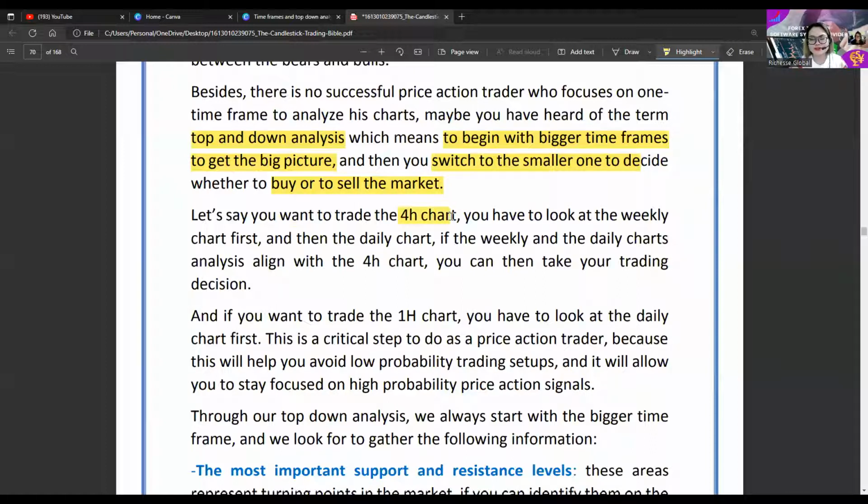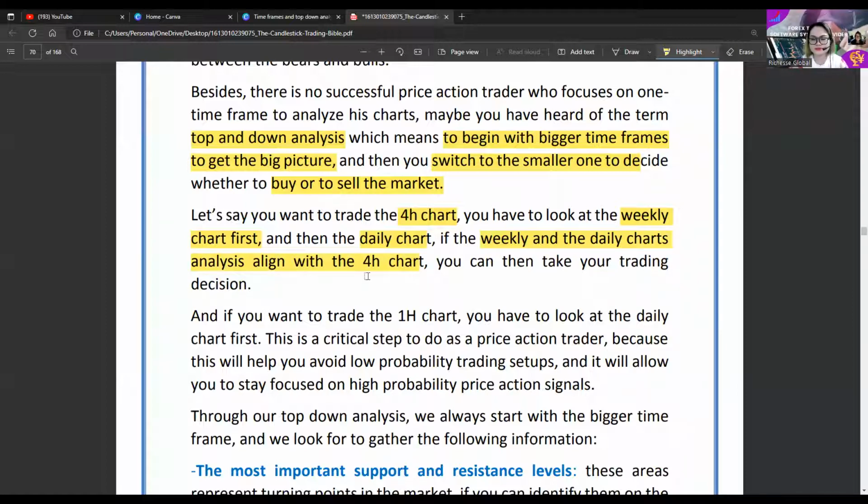Kung gusto pong mag-trade sa 4 hours, you have to look at the weekly chart first, and then the daily chart. If the weekly and daily charts analysis align in the 4 hours chart, you can then trade your decision. You can now take your trade.